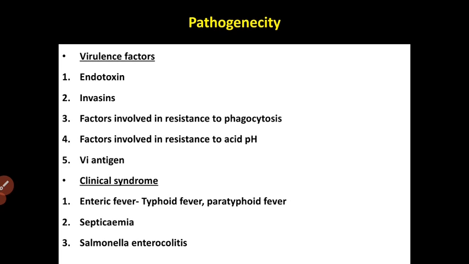Now let's see one by one. Endotoxin. Like all other enteric gram-negative bacilli, the cell walls of Salmonella contain LPS with an antigenic polysaccharide, O antigen, and endotoxin.